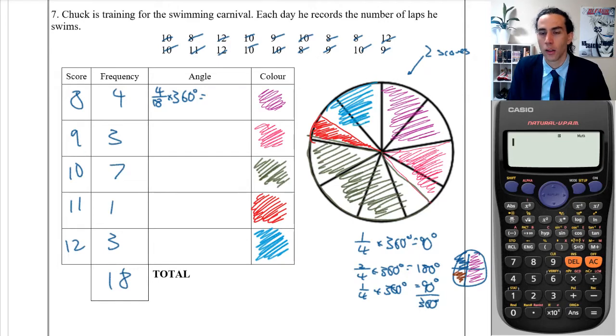So we were able to do that because they already gave us the number. They'd already split it up into 9 for us.